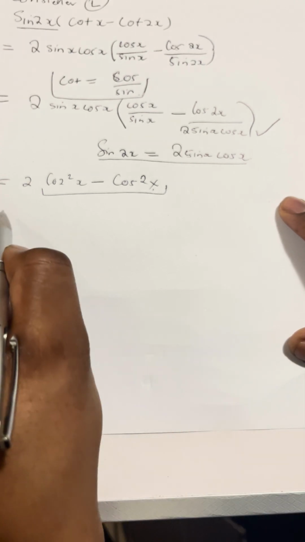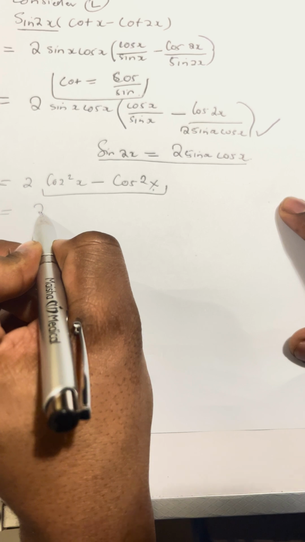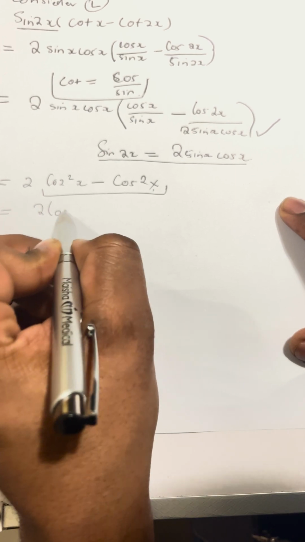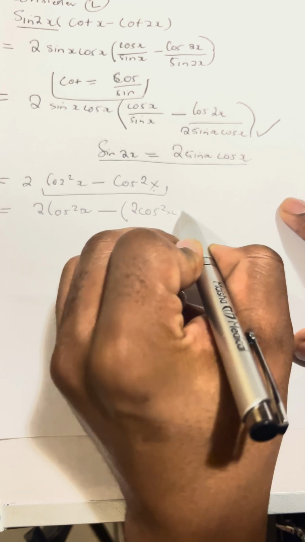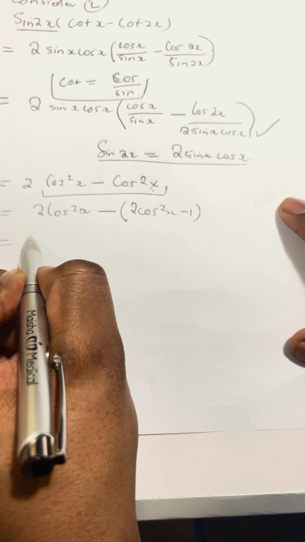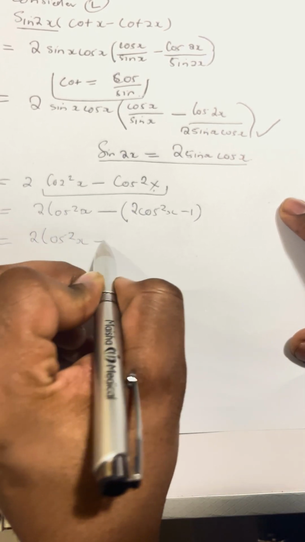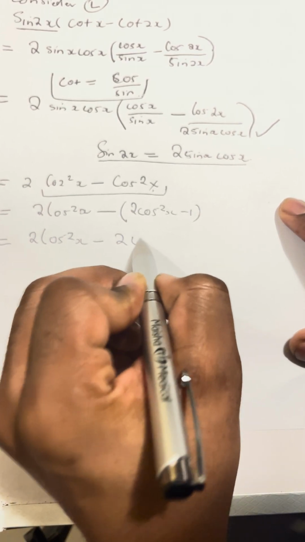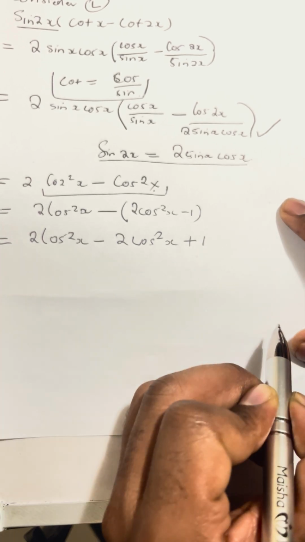All right, now you're going to say it is equal to 2 cos squared x minus (2 cos squared x minus 1), whereby we are having 2 cos squared x minus 2 cos squared x plus 1.